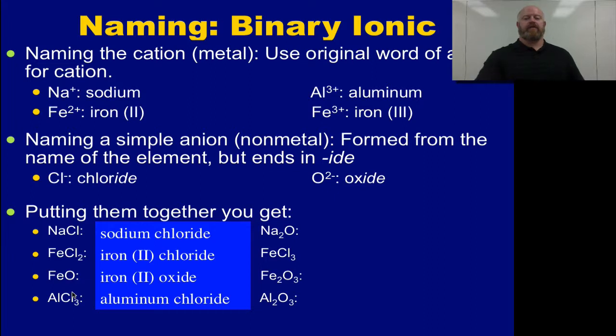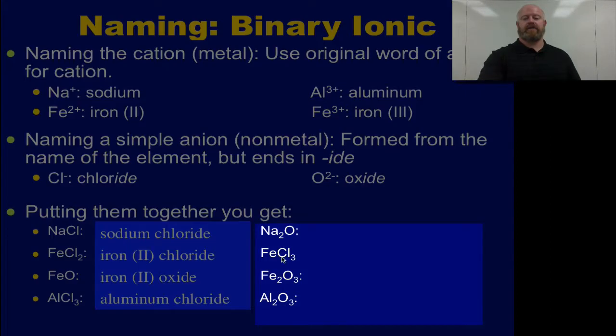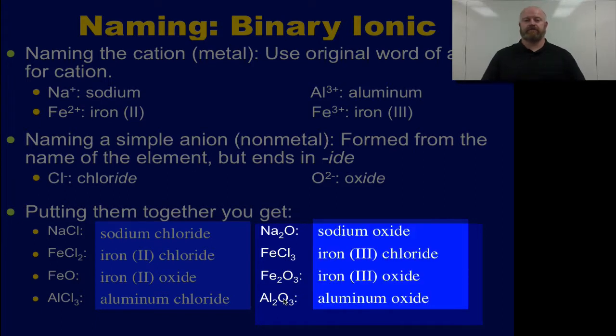If we go across and we see we have sodium with oxygen, we would call this sodium oxide. And we have iron, and now our ratio is 1 to 3, so it's iron 3 chloride. Here we have iron 3 oxide, and then again aluminum oxide.